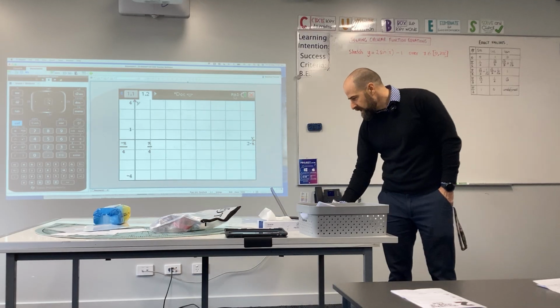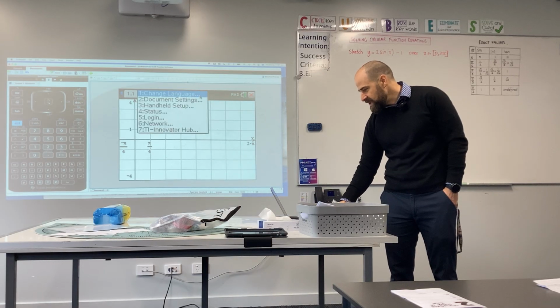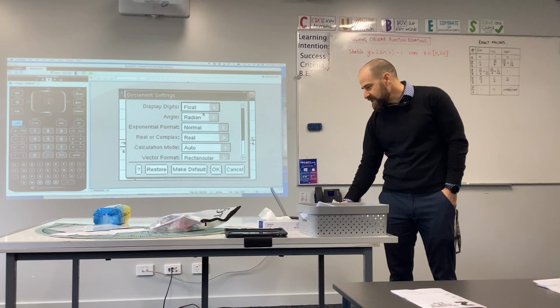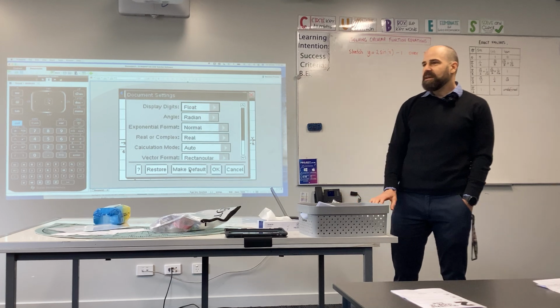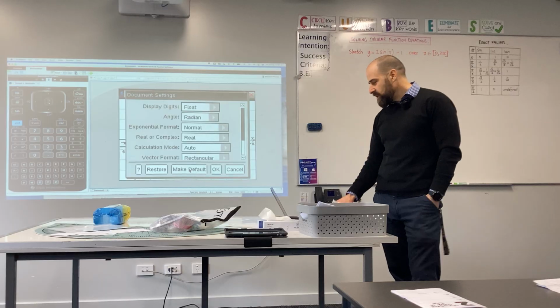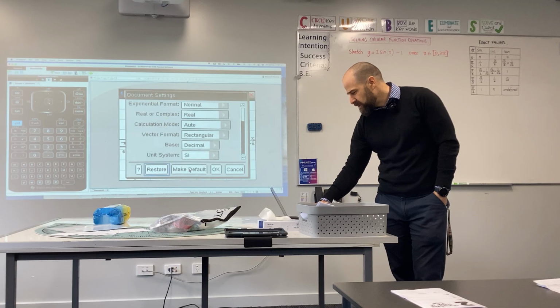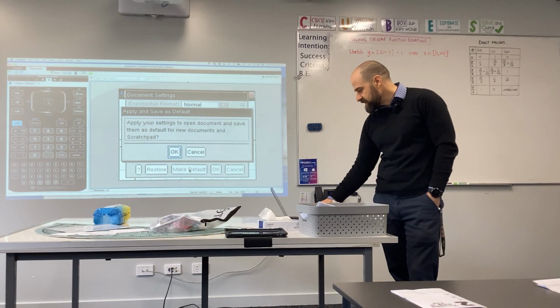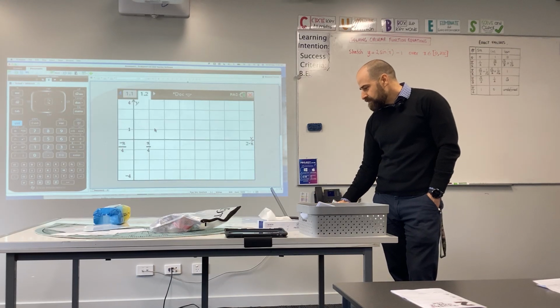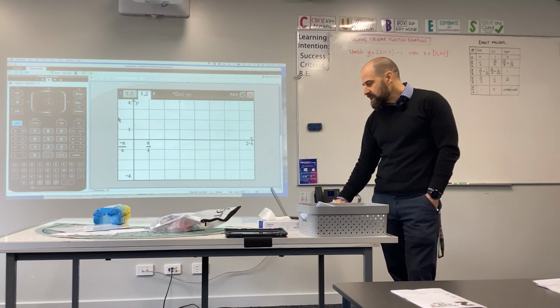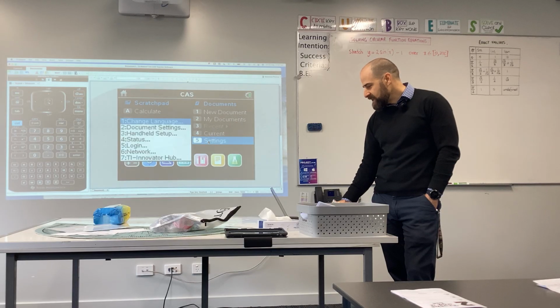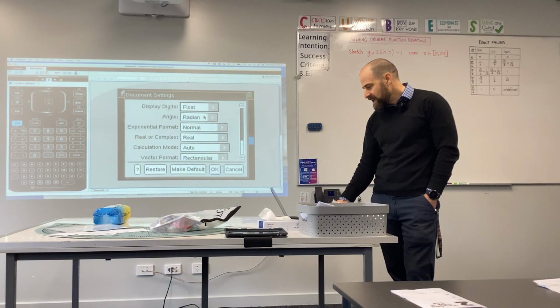Two, if you're like me, you can click on the settings, document settings, change it to radians in there. And then I also always go to make default. The reason I go make default is because it is possible to have different settings in different places. So make default. The other way, you can go home, settings, document settings, and change it.